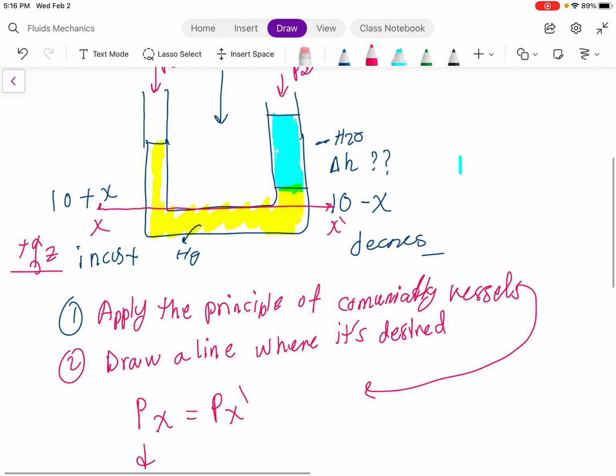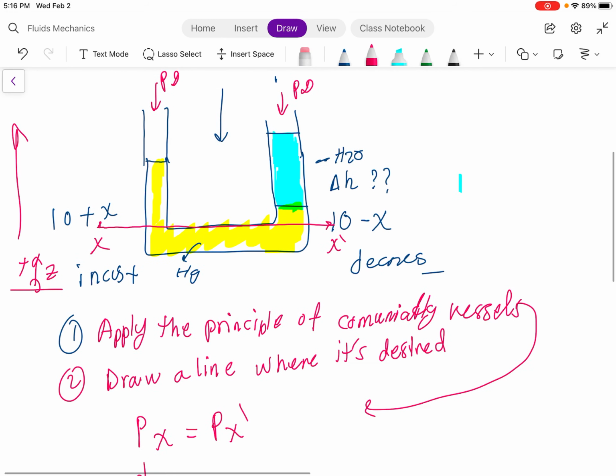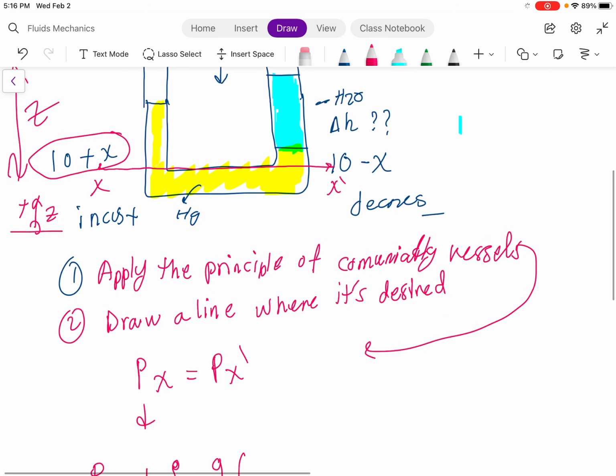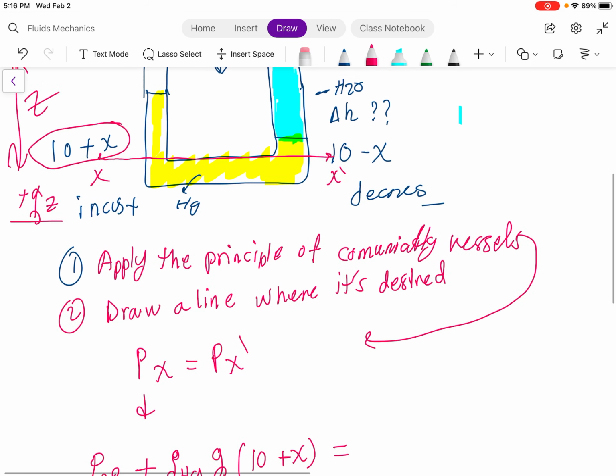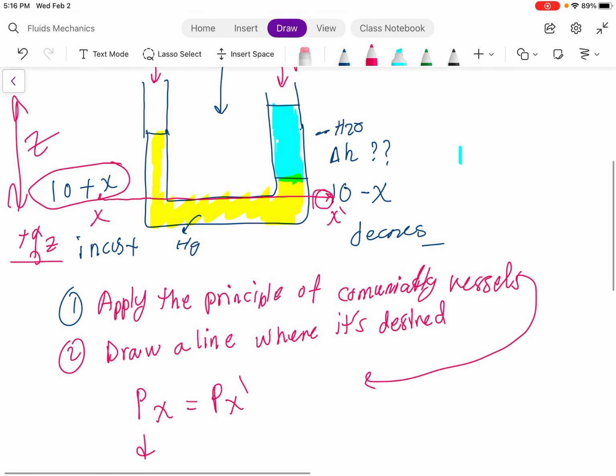This is my reference point. So this is Z, and Z in this situation is equal to 10 plus X. So 10 plus X. Okay, and this is equal to the pressure at the other point in here.